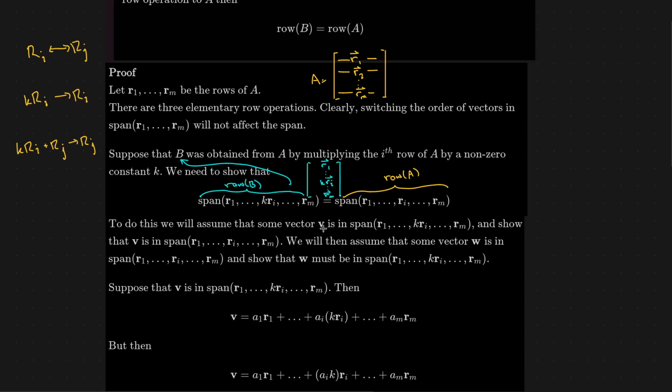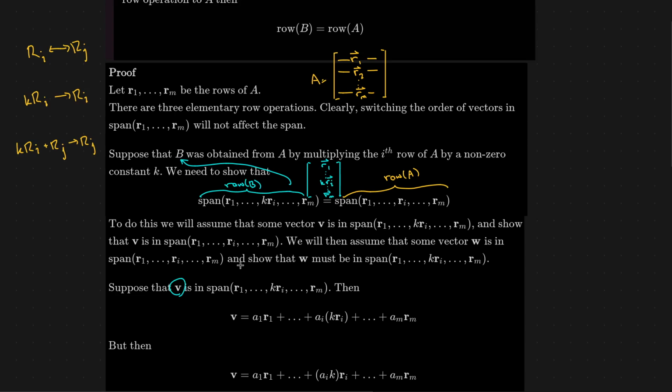One, we need to assume that if we have any vector in the row space of B, then it is also in the row space of A. But also we need to show that for any vector in the row space of A, that vector is also in the row space of B. So every vector that one of the row spaces has, the other row space also has.